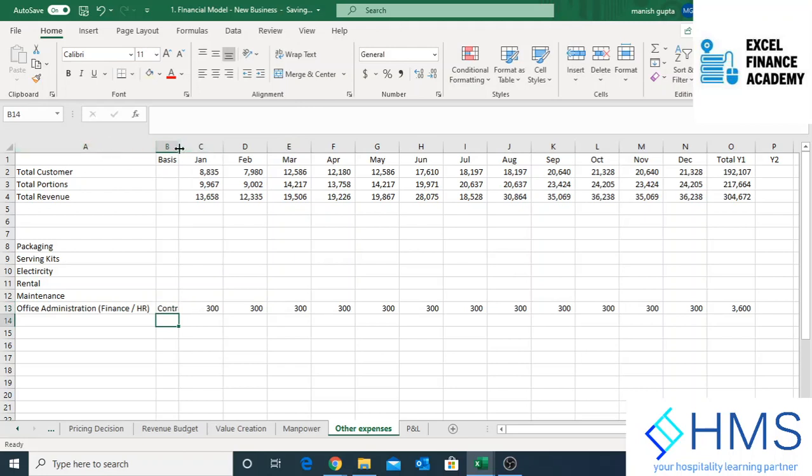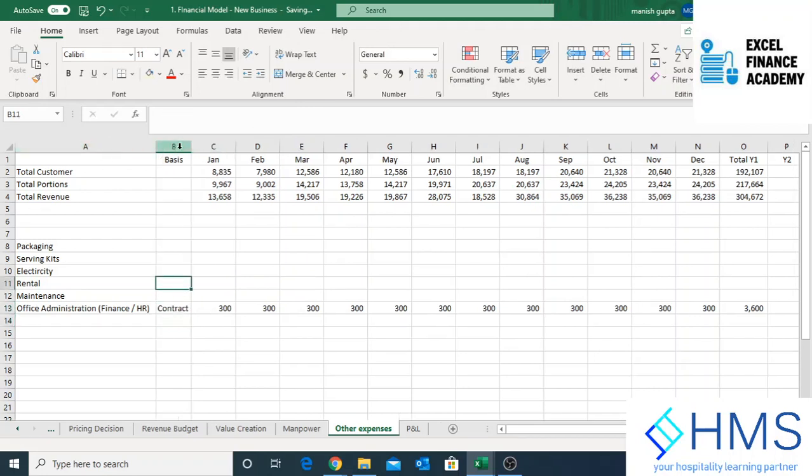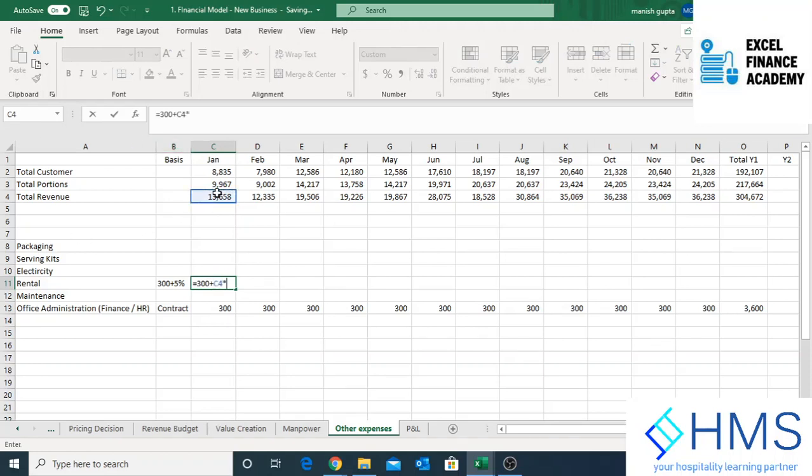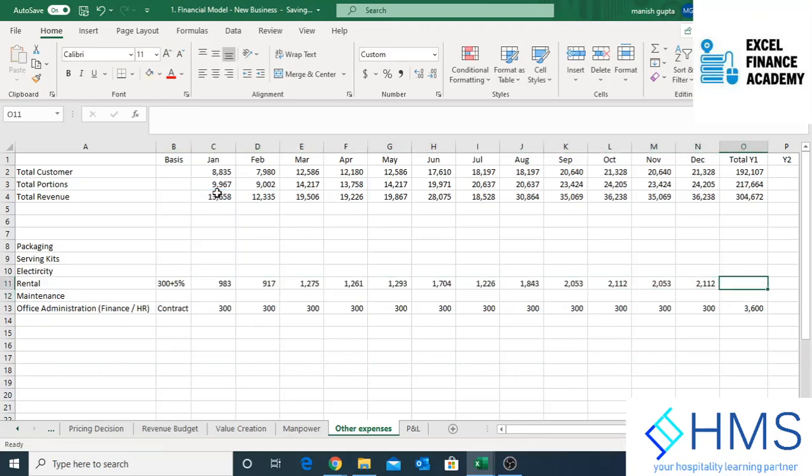Okay, now rental is, let's say the base of rental is $300 fixed rent plus 5% of the revenue. It can be like this. So let's say then your formula is 300 plus 5% of revenue. So revenue multiplied by 5%. You can use this. So higher the revenue, higher your expenses.